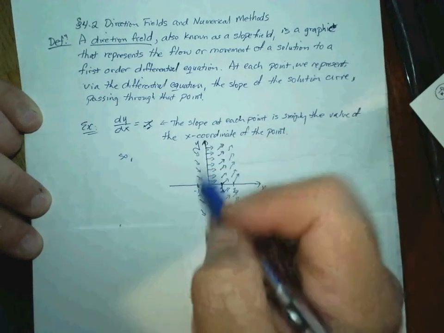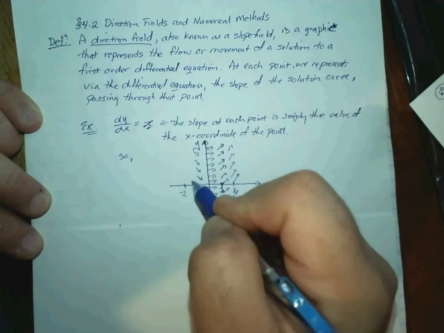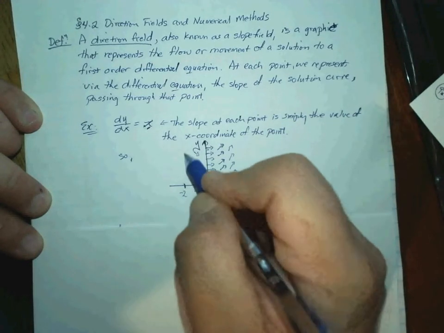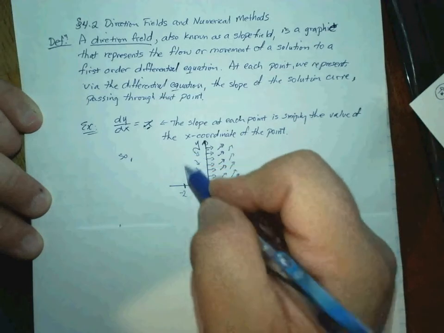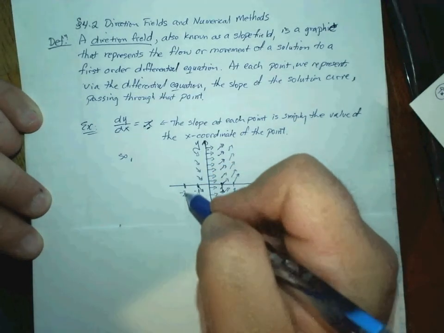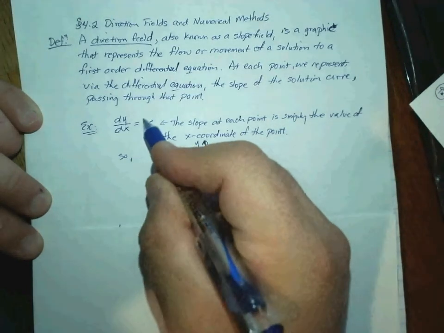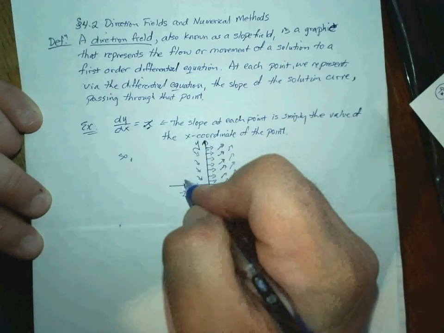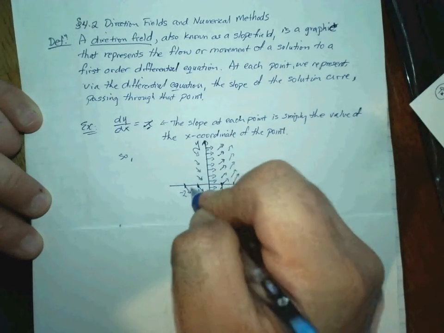If we were to move out to -2 on the x-axis, all the points here that are along the strip where x is -2, the slope is -2 for y. So we draw our direction lines with a steeper slope downward here.